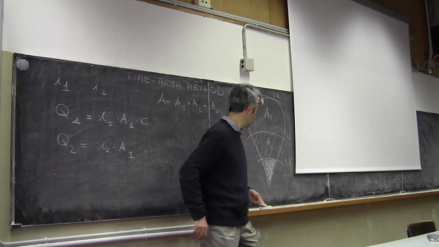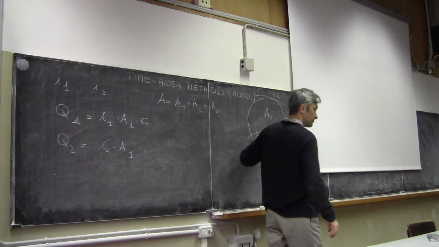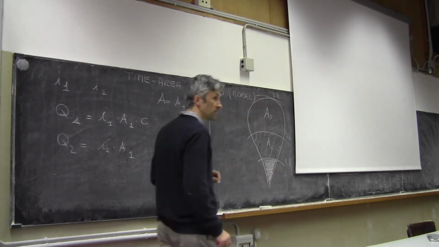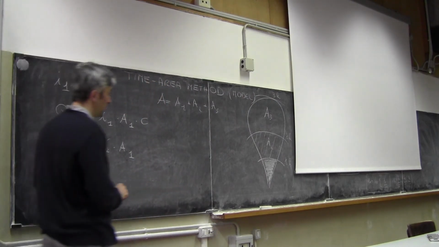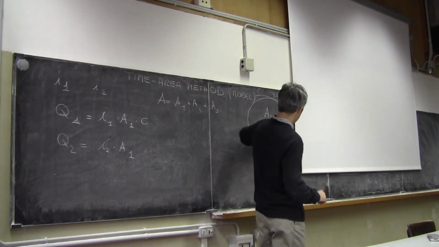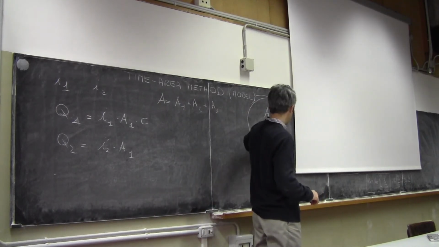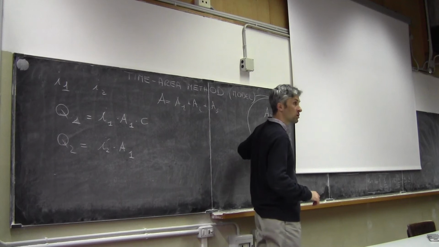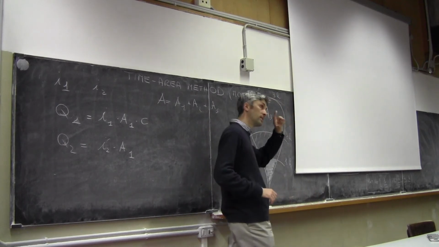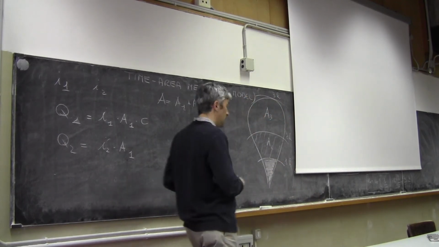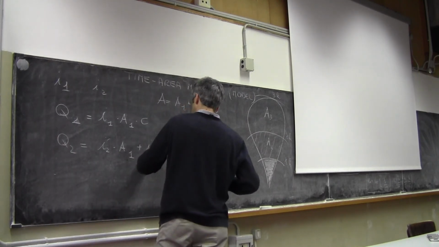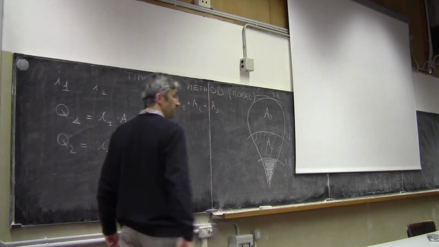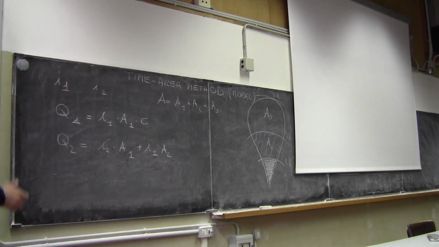Plus, be careful, area A2 is now contributing, because after 2 hours all this area is contributing, since the travel time is 2 hours, but it is contributing not with the rainfall of the second hour, just with the rainfall of the first one. So we have plus I1 times A2. This is what's happening.